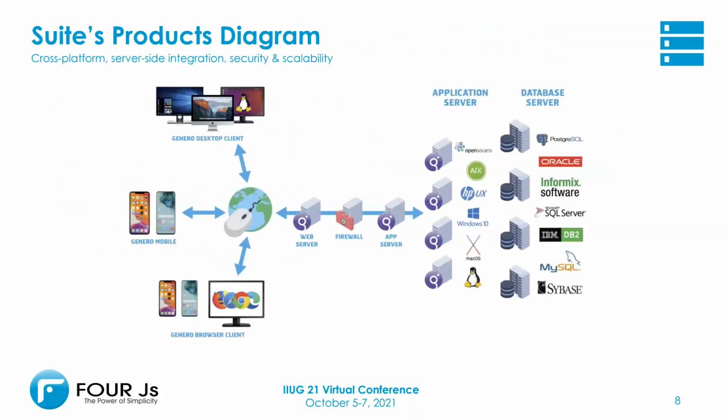I think this is a slide that was in Bryn's presentation as well. You can see here a better idea of the cross-platform versatility of Genero, and the fact that the two main important things are those servers that are the little Genero servers. This is where the runtime system lies.